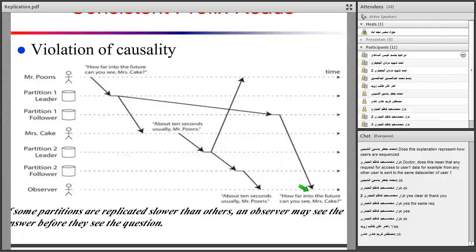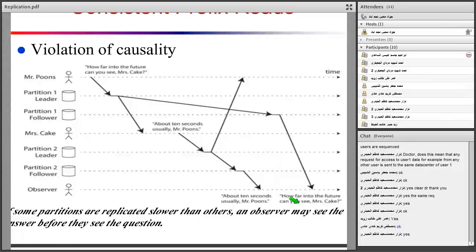So the observer sees the answer, and after that sees the question. The observer sees the answer before the question. This is a violation, called violation of causality.